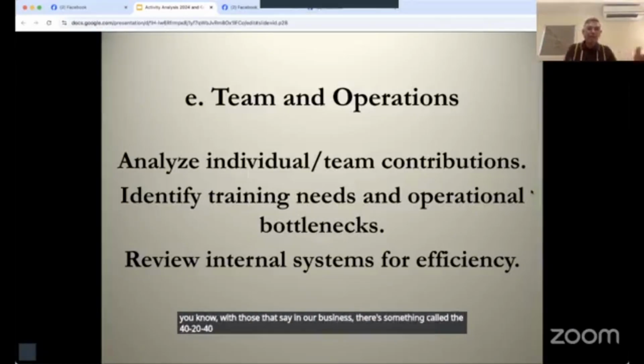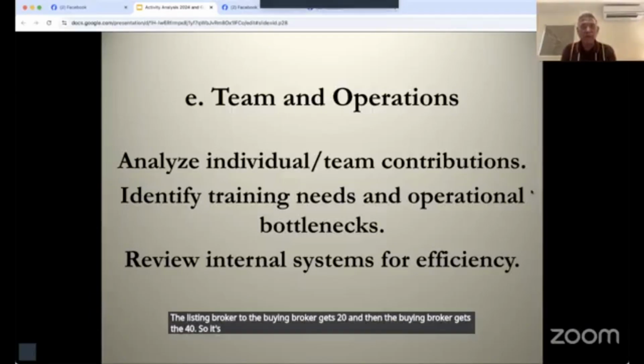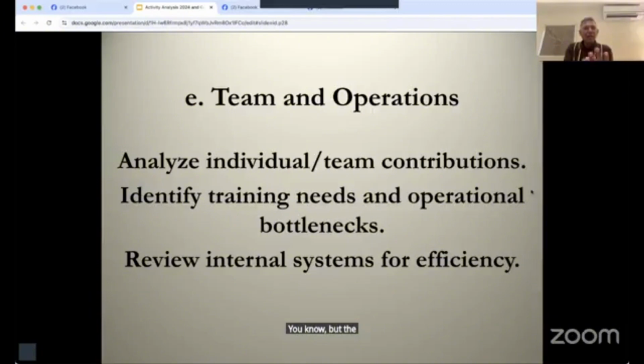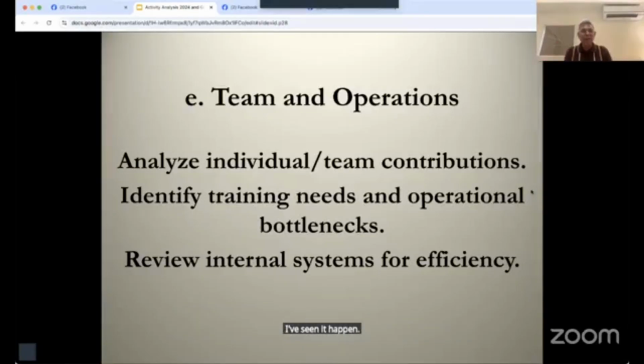If there are 3 brokers involved, the listing broker gets the 40, the mediator, the one that tied the listing broker to the buying broker, gets 20, and the buying broker gets the 40. So it's 40-20-40. But sometimes some are just keen on getting 50-50, and next thing you know, just because of 10%, they lose the deal. I've seen it happen. And that's the way it is.